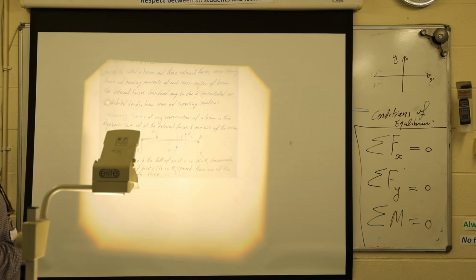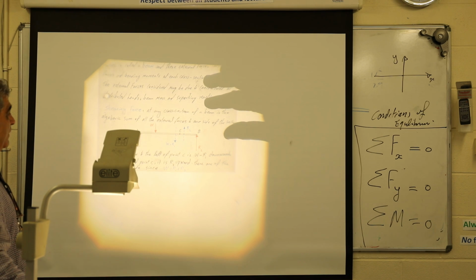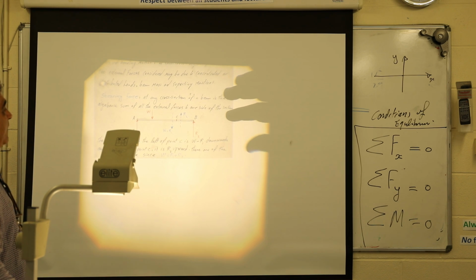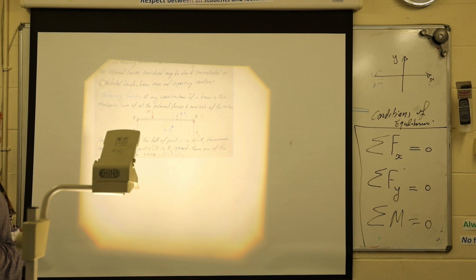Okay, look at the shearing force to the left of the point C. As you can see, it is W minus R1 downward, and to the right of the point C it is R2 upward. Therefore, they are of the same magnitude, since W is equal to R1 plus R2.